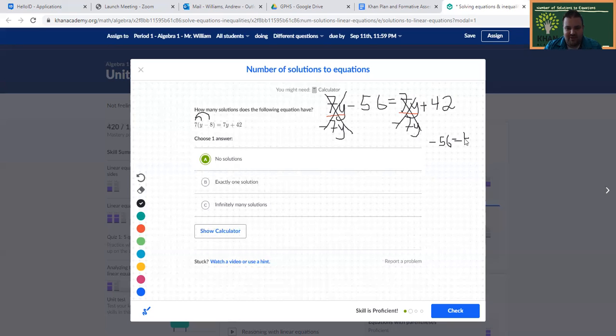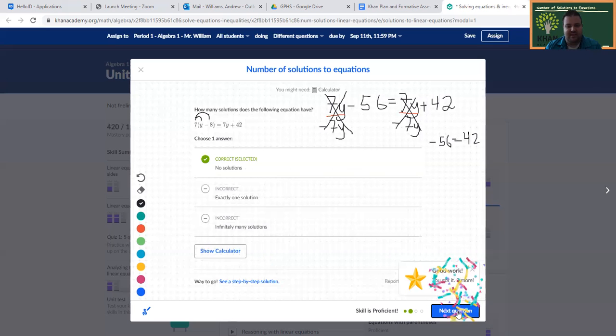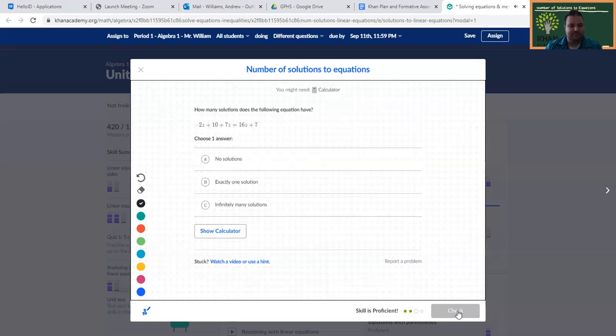So we're left with negative 56 equals 42. Does negative 56 equal 42? And the answer is no, they don't. Now, if that ended up equaling each other, then you would say infinitely many solutions, but that doesn't make sense. Negative 56 does not equal 42, so there's no solutions. That's how you know something went wrong there.